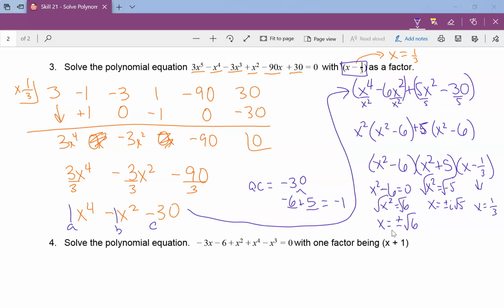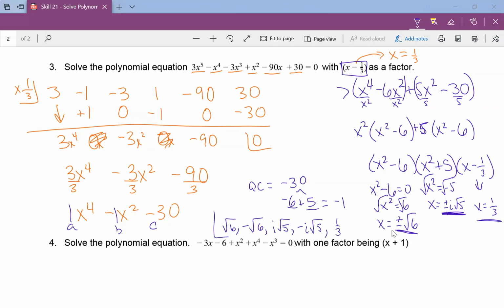Okay? Now, if you were to write this list out separately, the plus or minus radical 6 means radical 6, negative radical 6. These mean i radical 5 and negative i radical 5. And then the last one is 1/3. Okay?